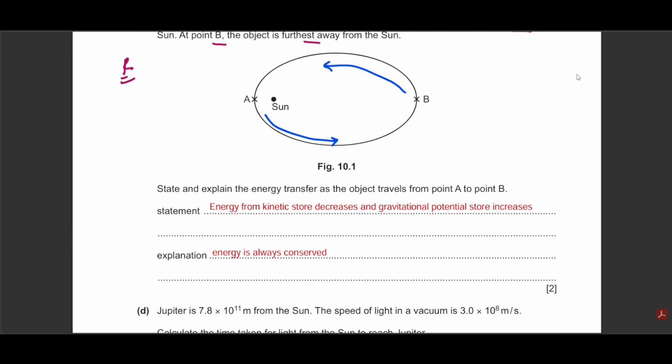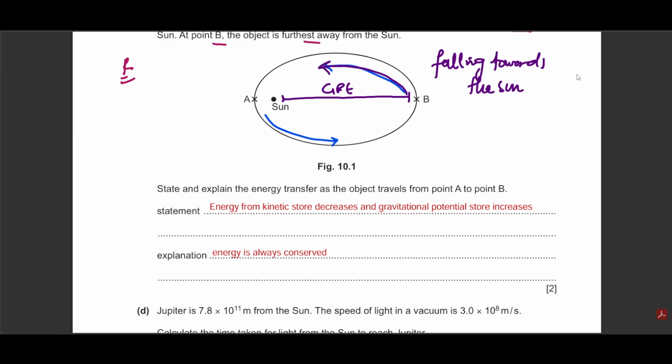Now, since it is very far away in the case of B, I will say that it has a lot of gravitational potential energy. When it starts coming towards the sun, we generally call that falling towards the sun.